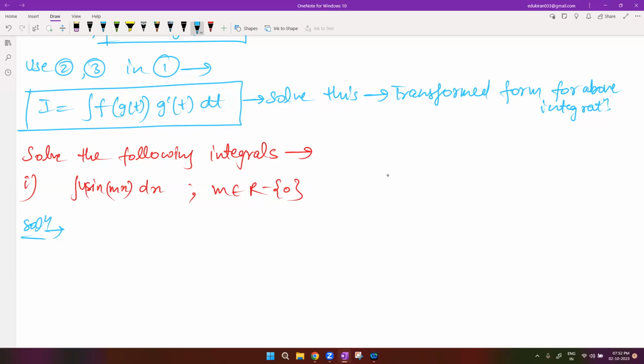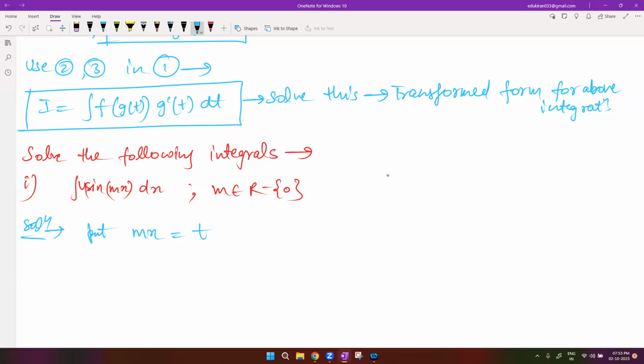So what's the problem here? The problem is m. If m would not have been here, we would have easily calculated the integration of sin x. Now, if I substitute this whole mx with a variable t, m is a constant, so we can take it out.